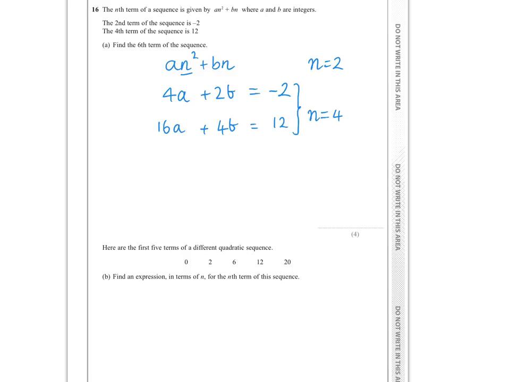So what we can do is solve this pair of simultaneous equations. So what I'm going to do is I'm going to call this equation B, this one A. I'm going to divide B by 4, and that's going to give me 4a plus b equals 3. I'll call that equation C, and I'm just going to write A underneath.